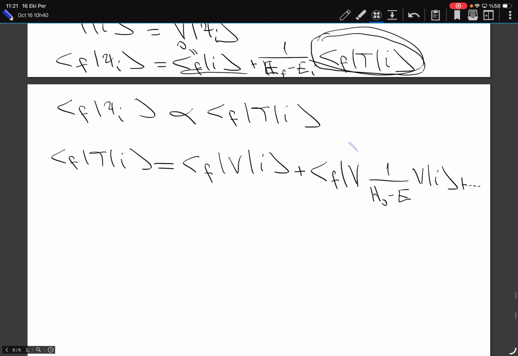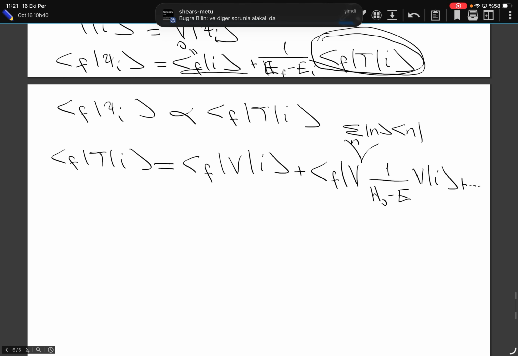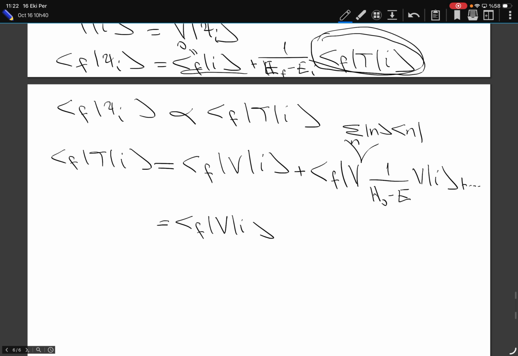Well, I can insert an identity over here, sum over all n. I'm writing a summation, but it can also be an integration if the eigenstates are continuous. This will be F V I plus sum over n F V n, 1 over En minus E, let me put EI, and V I.